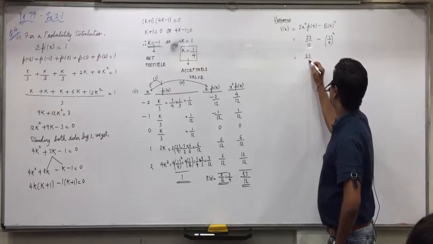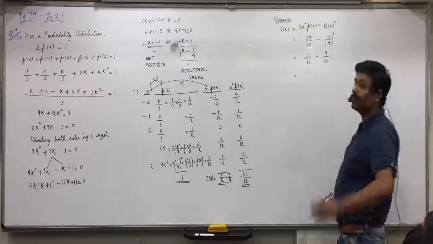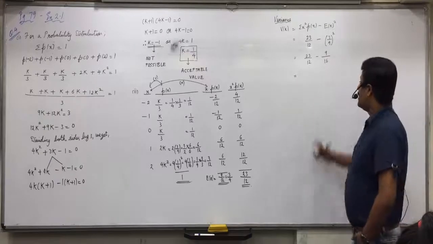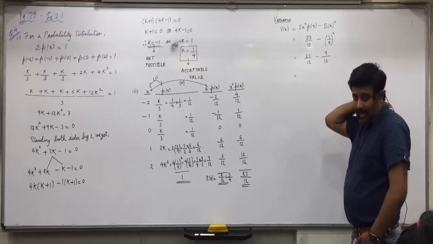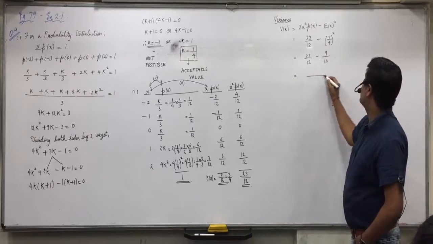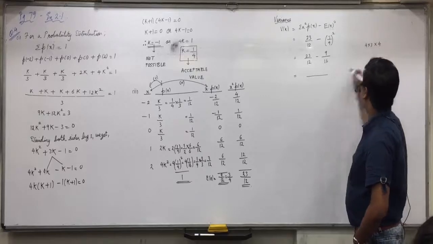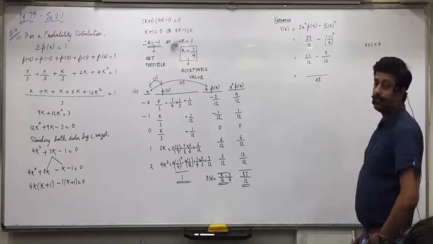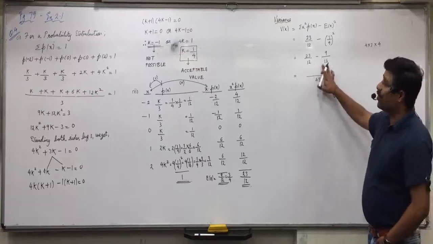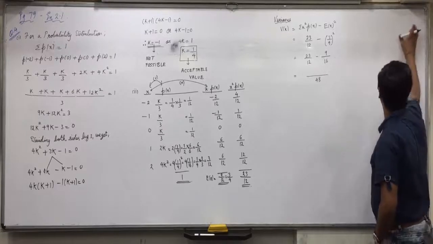So 23 by 12 minus 3 square is 9, 4 square is 16. Now 12 and 16. 12 is 4 into 3, and 16 is 4 into 4. So LCM will be 4 into 3 into 4, 48. Did you understand this? 4 is common. So 4 into 3 into 4, 48.